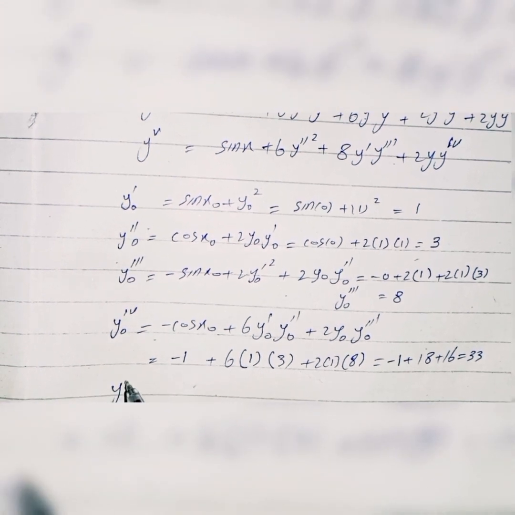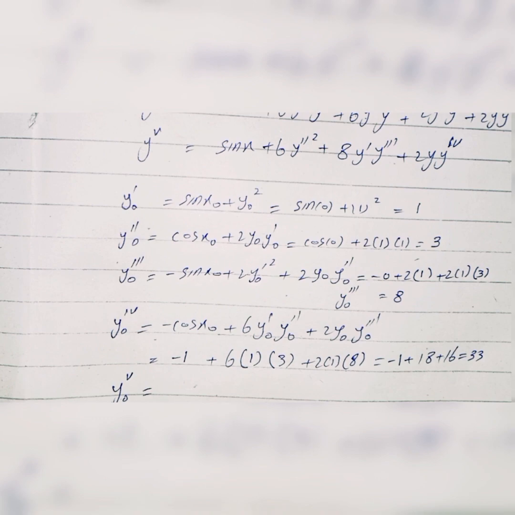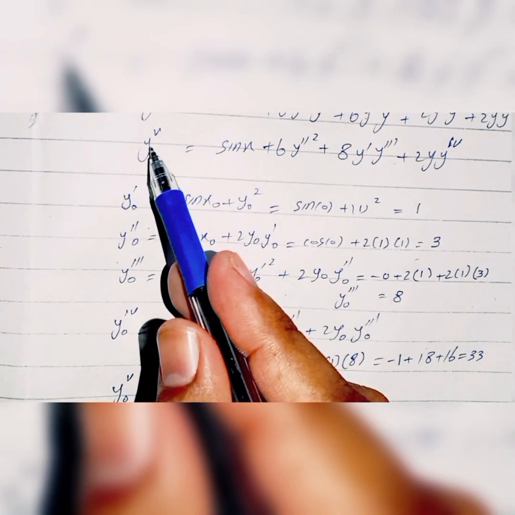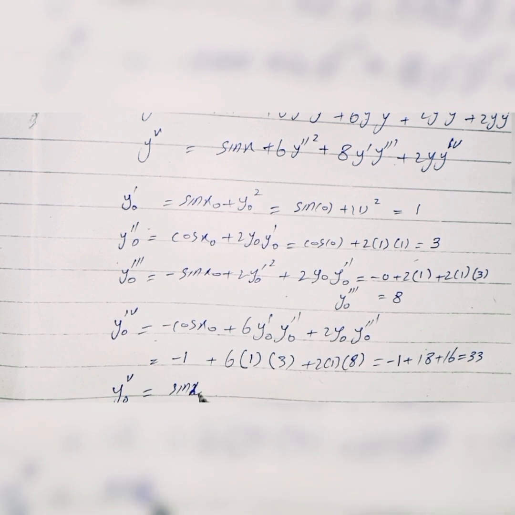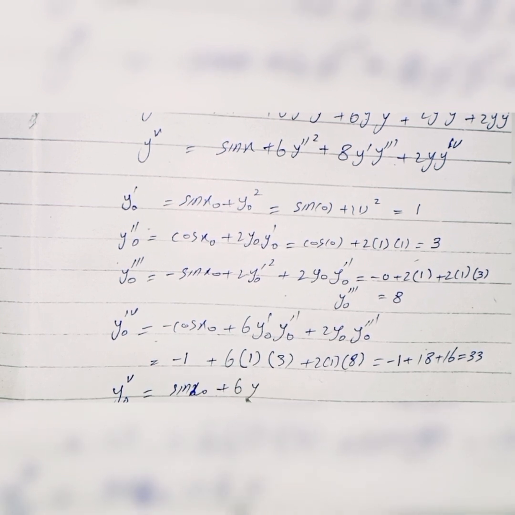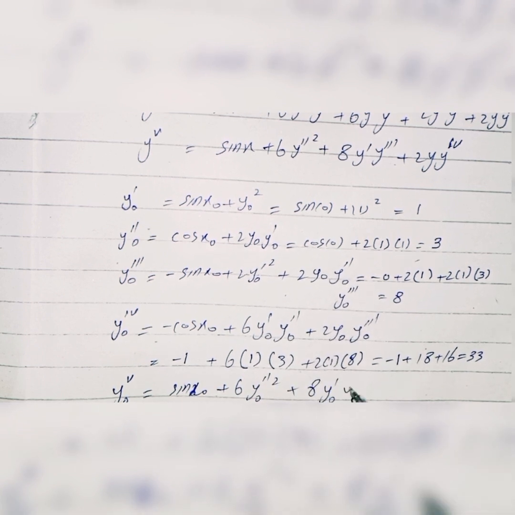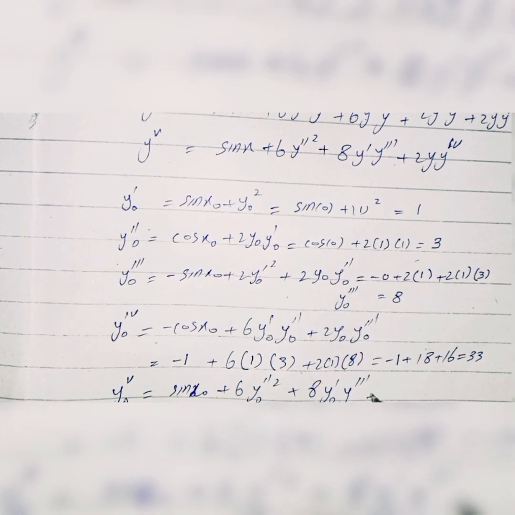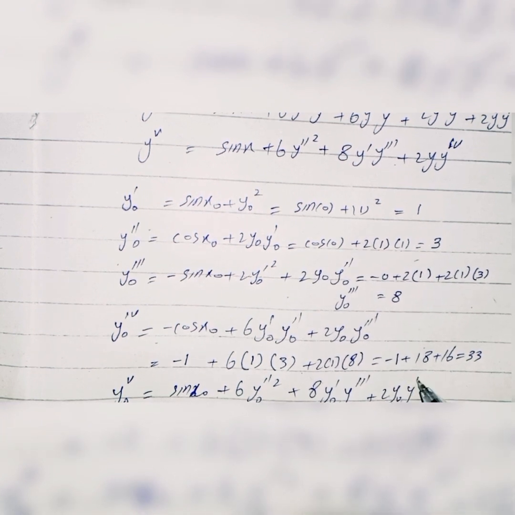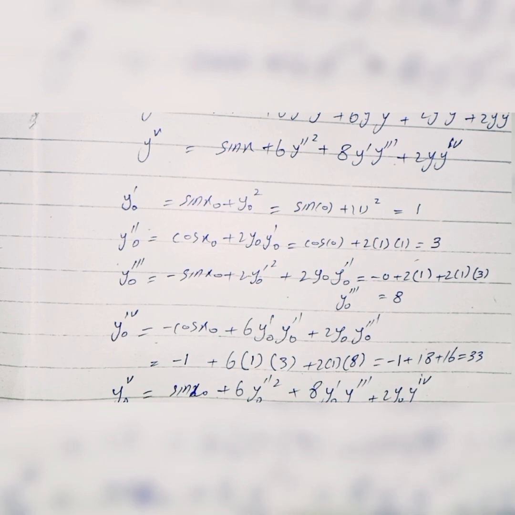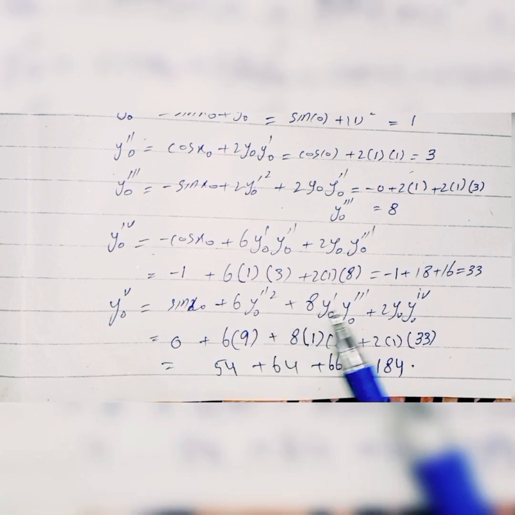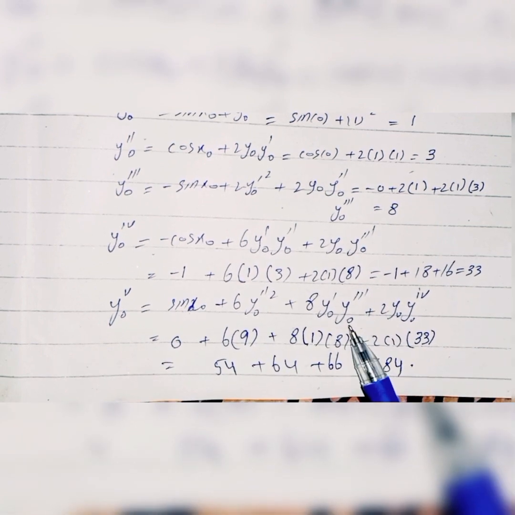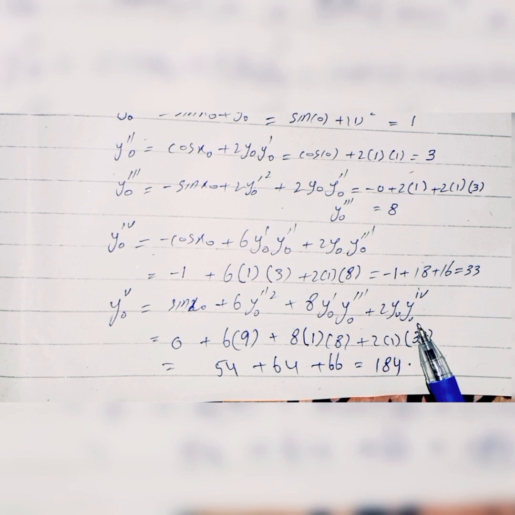Now the last derivative, the fifth derivative at point x naught. The fifth derivative at naught is equal to sin x naught plus 6 y double prime naught square plus 8 y prime naught y triple prime naught plus 2 y naught y fourth derivative naught.